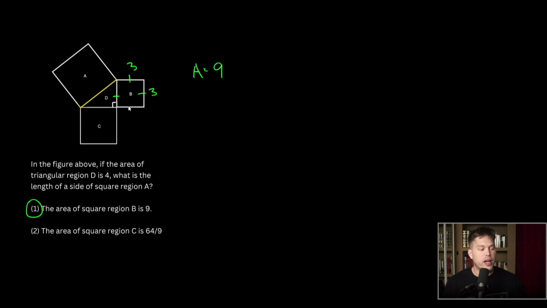Using this information, we would be able to solve for the side length of square C because we know the area of region D. We know that the side length of square B is 3, and we can multiply it by whatever the side length of C is, and then we would, of course, divide by 2, and we would know that this output must be 4.